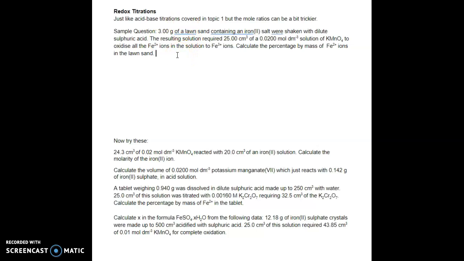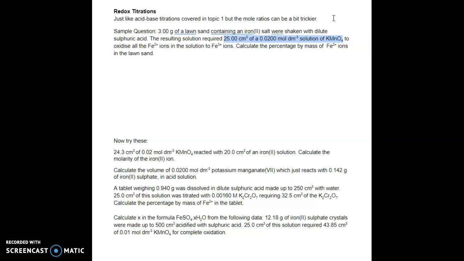Now, how do you go about solving this? Well, as it says above, it's like an acid-base titration. So you know the concentration and the volume of the MnO4-, the manganate 7 solution. So your first step is to work out moles of MnO4-, and that's simply 0.0200 times 25 over 1000.